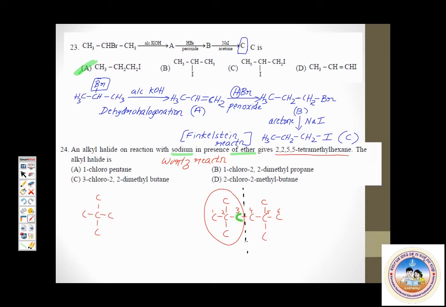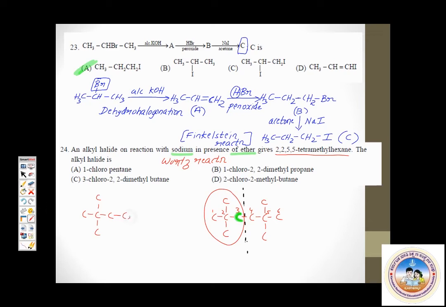Looking at the options, it's clear that the halogen is chlorine. So let me attach chlorine here. Carefully observe why I am attaching halogen to this carbon: because it is carbon 3 that is the point of linkage. Hence chlorine is attached to this carbon here. Now let us give the IUPAC name for this. What is the IUPAC name? This is the longest chain.